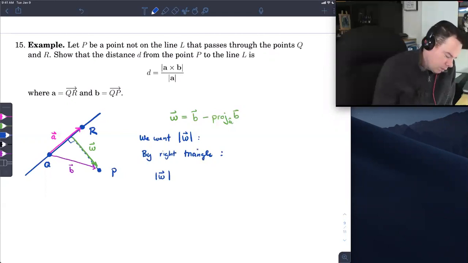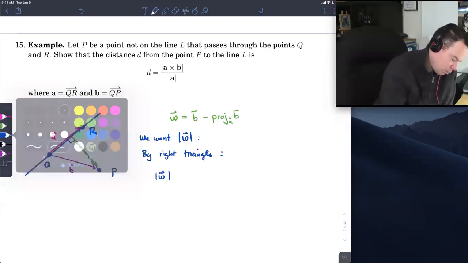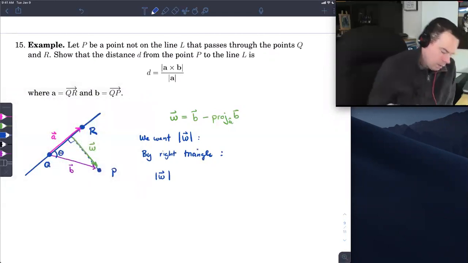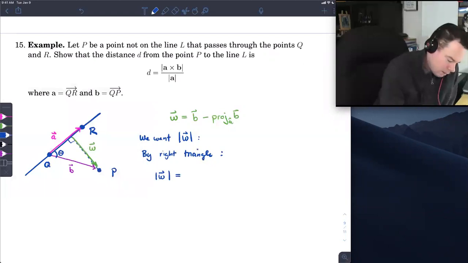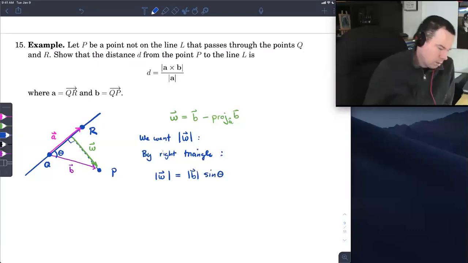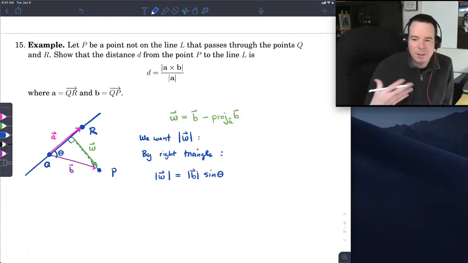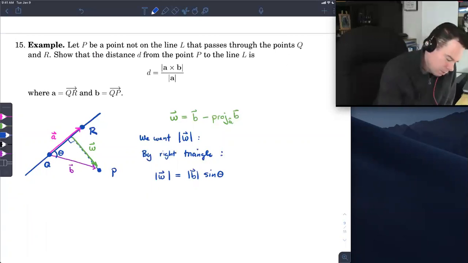If I throw an angle in here, the magnitude of W is just given by the magnitude of B times the sine of the angle between B and A. That's just using our right triangle and trigonometry. The magnitude of B times sine theta, the hypotenuse times the sine of the angle, gives me the length of the leg on the opposite side of the angle. That's all I'm doing here.